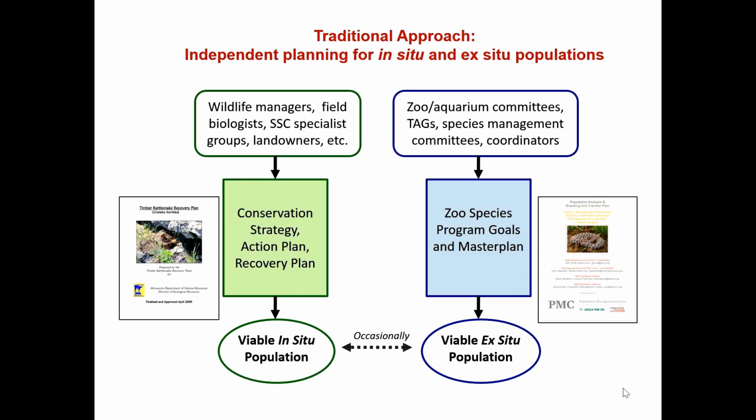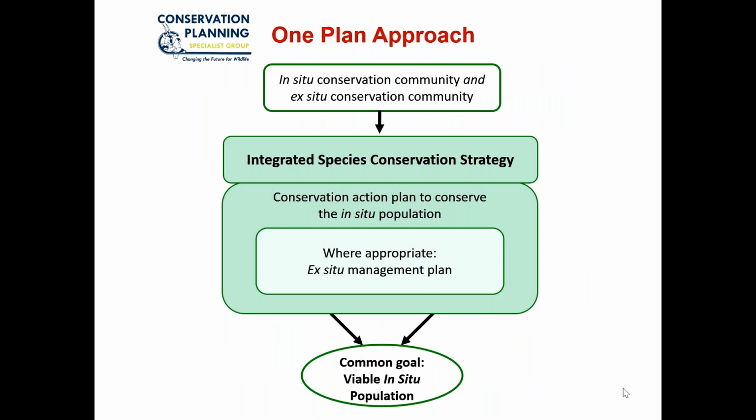And at CPSG, we've been promoting something we call the one plan approach, which is not a new idea. It's been around for decades and decades, but we're just trying to bring it more to the forefront: having all stakeholders, both the in situ and XE2 communities, work together to develop one comprehensive plan, with the goal being a viable population in the wild.